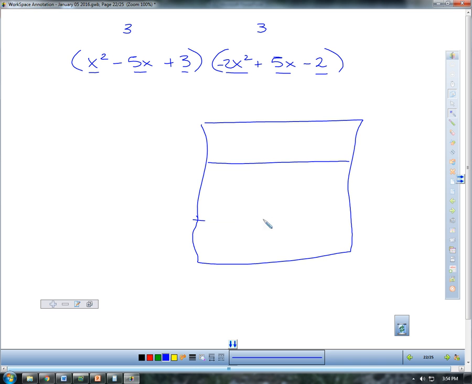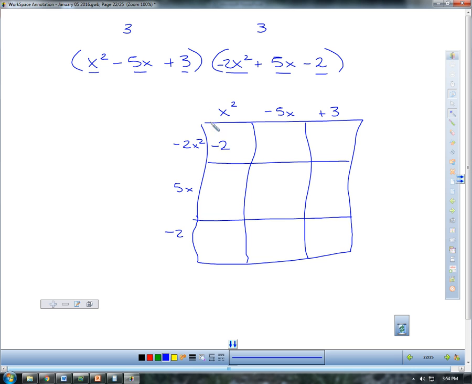So I've got 3 going that way, 3 coming this way. So I have x squared minus 5x plus 3, negative 2x squared plus 5x minus 2. Okay? Now it's simply just what we did with the 2x2 box. This box is this one and this one, so I'm going to multiply them.